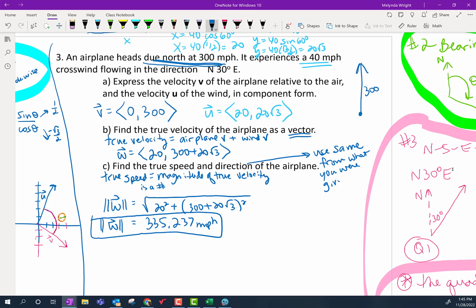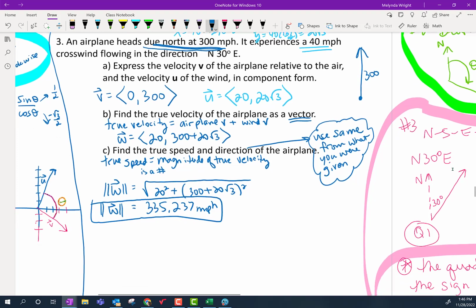We could do it as regular trig, we could do it as bearings, or we could do it as north, south, east, west. How did they give us the information? North, south, east, west. So that's how we need to give it back. This is important for us: how to write our direction. We have to use what we got. We're in north, south, east, west, so we have to give north, south, east, west.